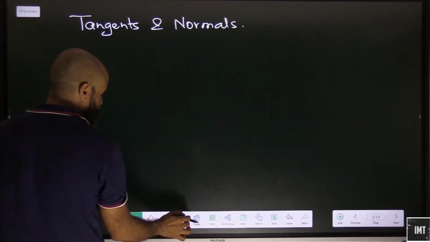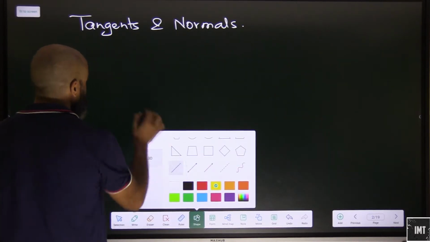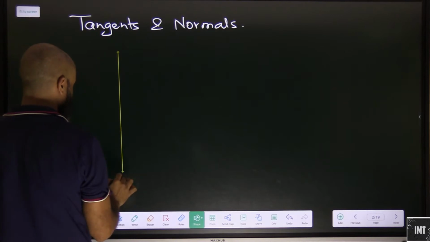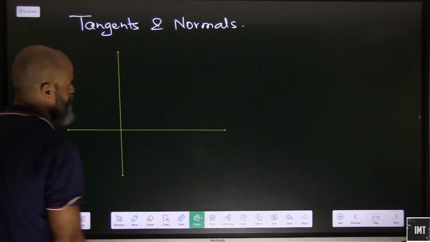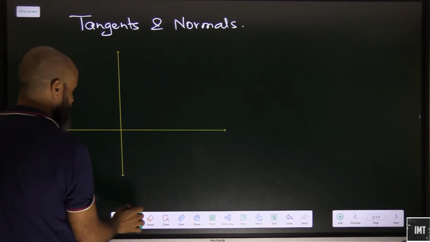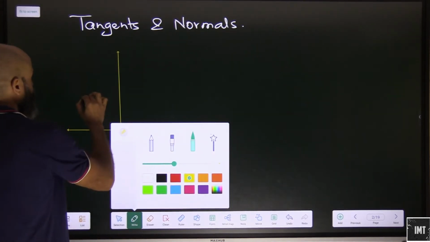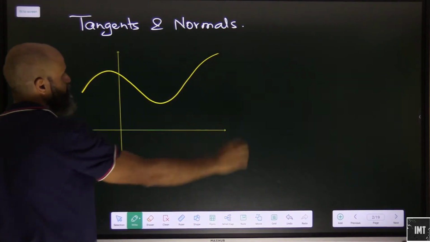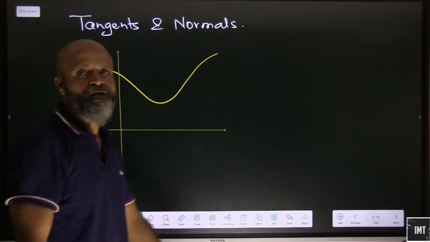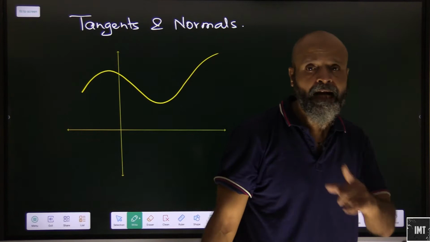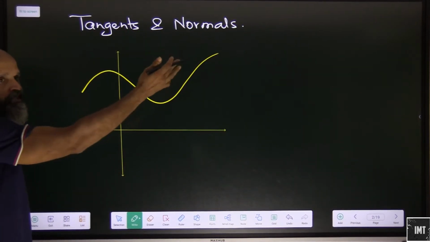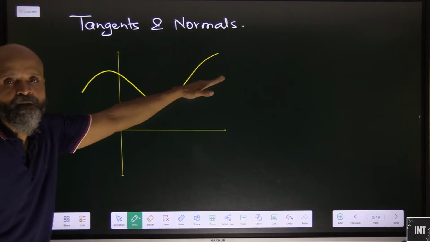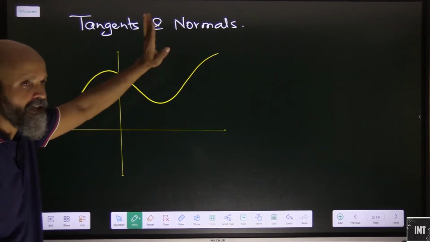So let's say we take a curve out here, plotting the x-axis and simultaneously the y-axis, and let's say we have a graph which is running like this, any graph. This is a graph which will vary according to whatever relation it has.